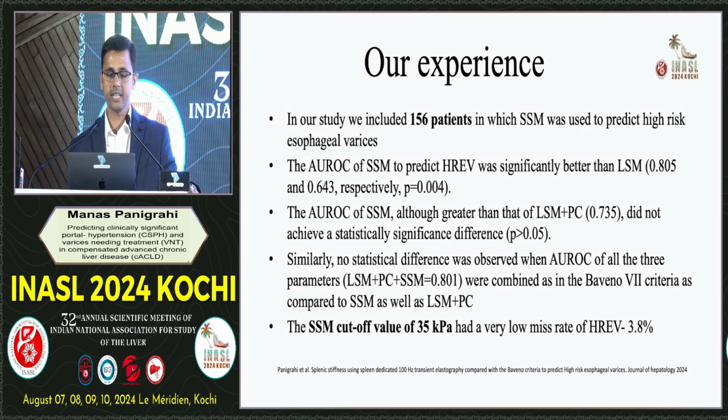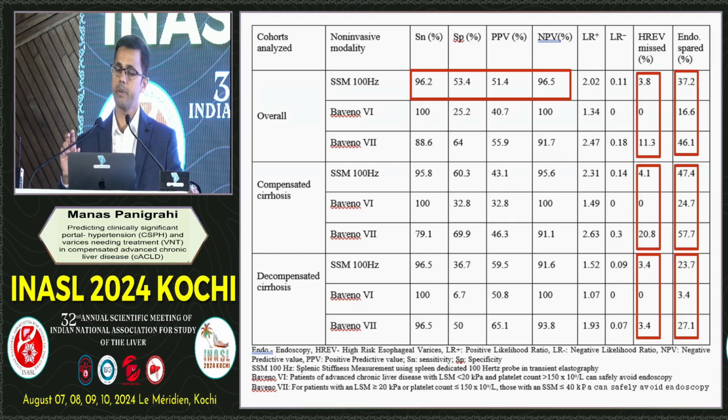So we have given a cutoff of 35 kilopascal in the Indian population and a very low miss rate, that is 3.8% only. And we have compared this with Baveno 6 and Baveno 7, and with high sensitivity and good specificity, we have a miss rate of 3.8%, whereas Baveno 7 has 11.3% in our cohort, whereas the endoscopy spare rate, if you see, we have 37%, whereas Baveno 6 has only 16%.